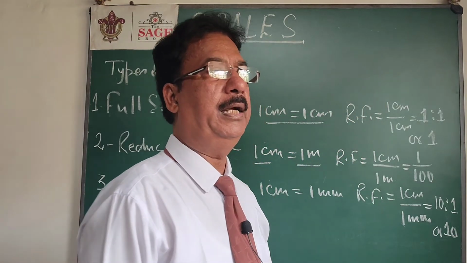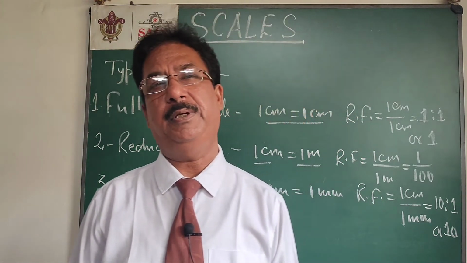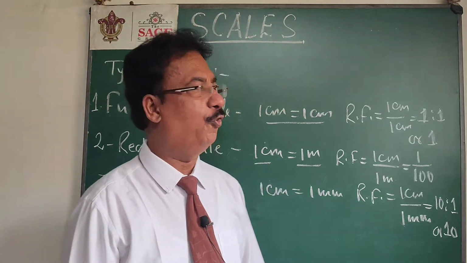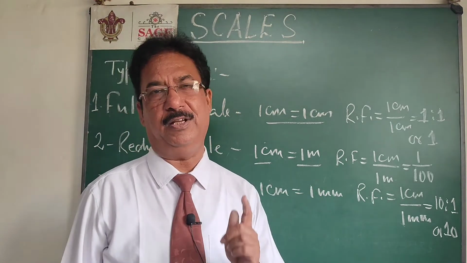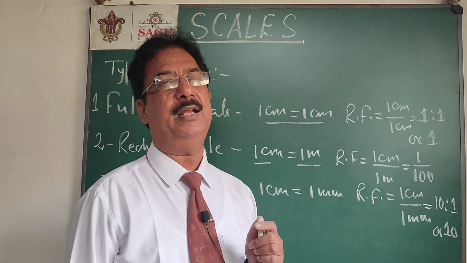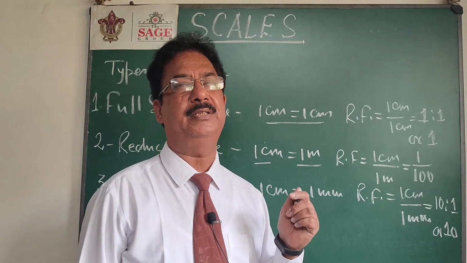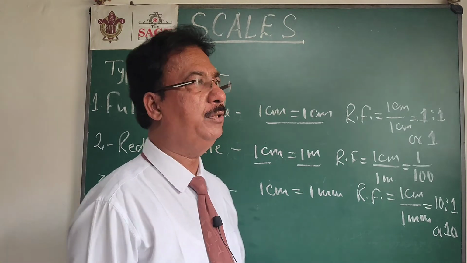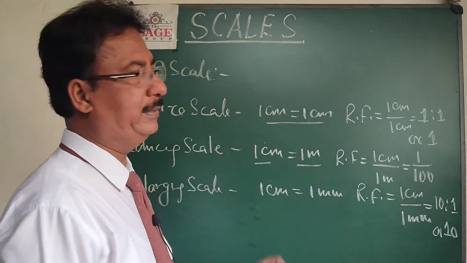So what I got is that for full size scale the RF will always be equal to 1. For reducing scale the RF will always be less than 1, and for enlarging scale the RF will always be greater than 1. So according to representative fraction, our three scales will be like this.